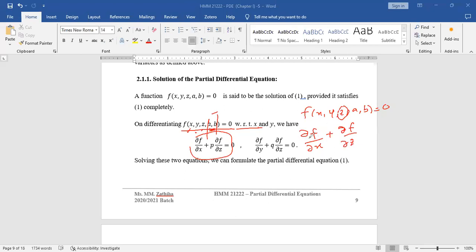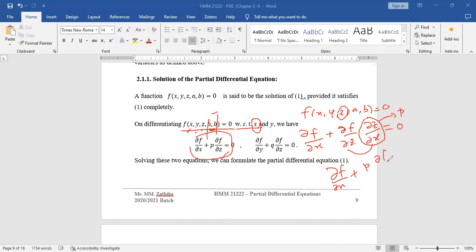So we are only considering the x here, because we are differentiating with respect to x. So ∂f/∂x plus ∂f/∂z, then z also is a function of x, so again I need to take ∂z/∂x, which is equal to 0. All the other things will be gone. So you can see, you can substitute this one as p. Okay, that's what it is. Okay, ∂f/∂x plus p times ∂f/∂z, they are taking here.